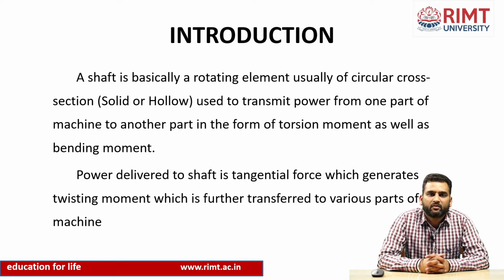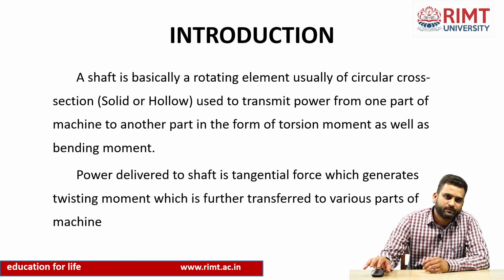The function of shaft is to transmit power from one part of the machine to another part, and that power transmission is in the form of torsional moment as well as bending moment. The power that we deliver to the other element is in the form of tangential force, which generates a twisting moment which is further transferred to the various parts of the machine.